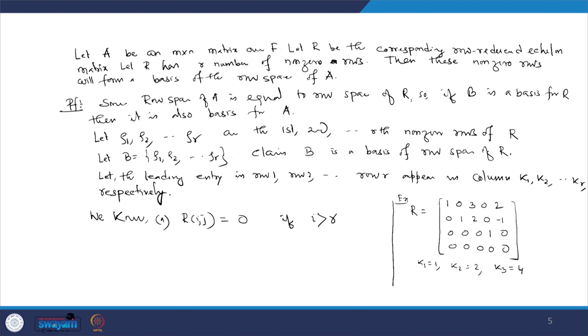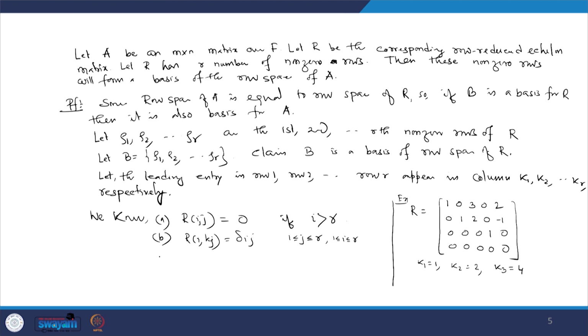Second one, your R_i K_j will be equal to delta_ij, where 1 less than or equal to j less than or equal to r, because K1, K2, Kr, and 1 less than or equal to i less than or equal to r also.